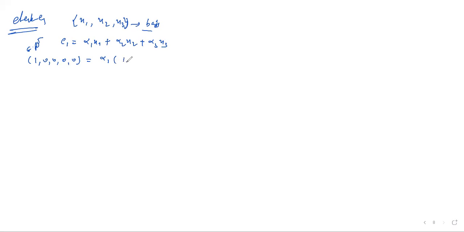Our x1 is 1 0 0 minus 1 minus 2, plus alpha 2 times x2, which is 0 0 1 0 minus 1, plus alpha 3 times the x3 vector, which is 0 1 0 0 0. Okay, so we'll just find the constants from here.